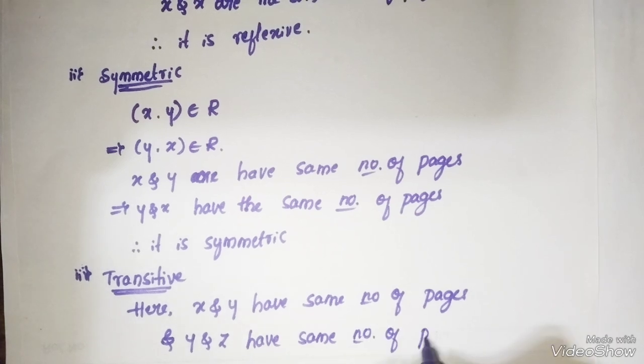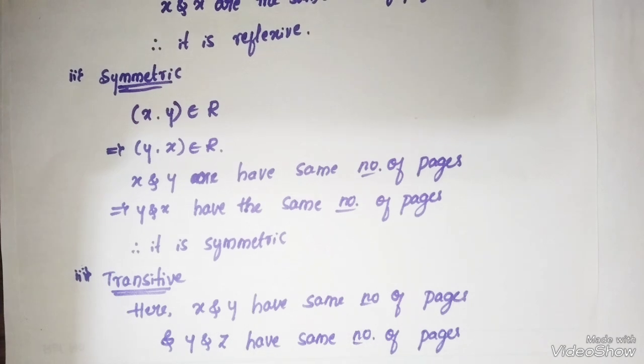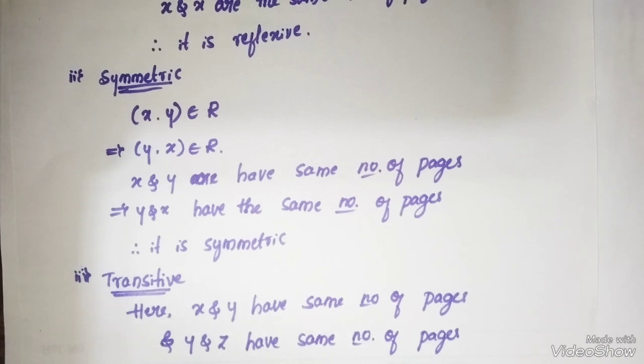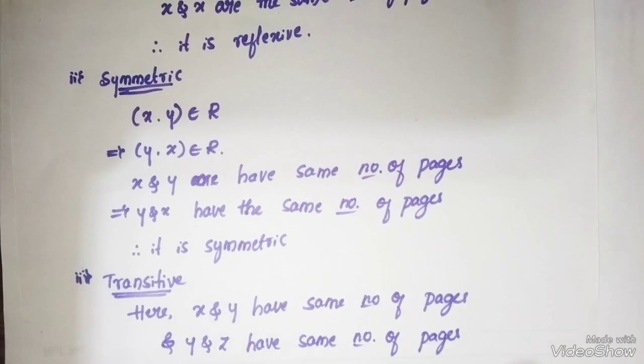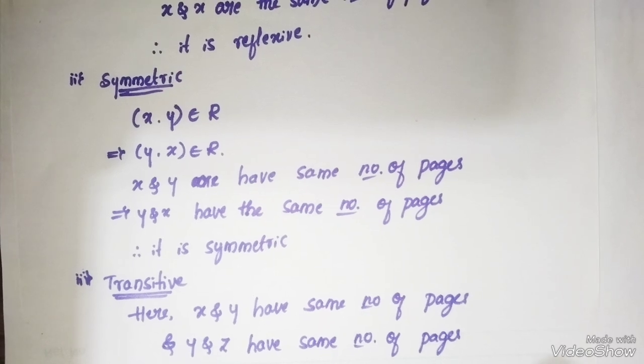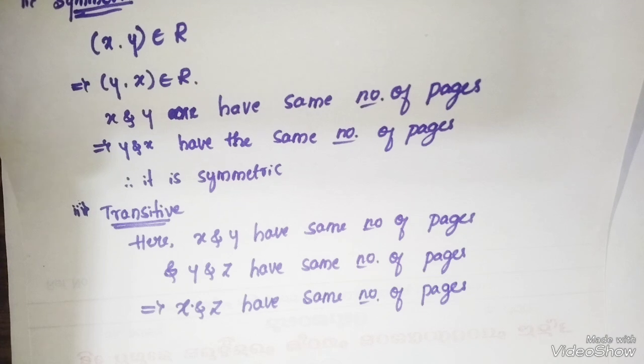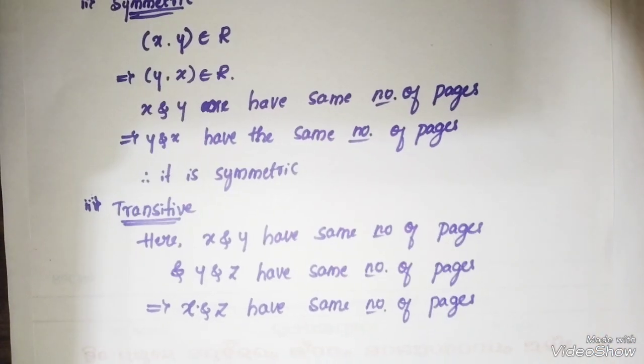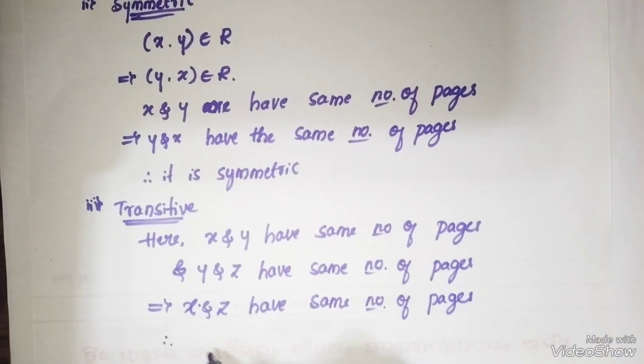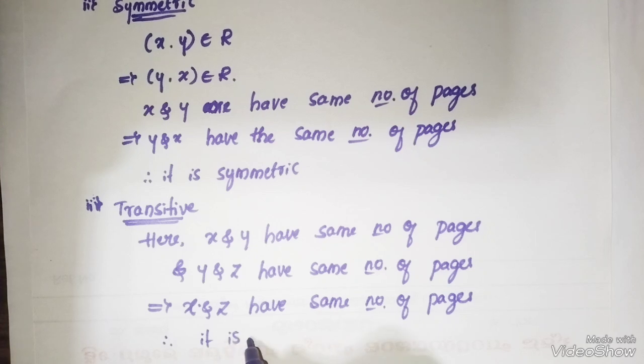That implies the first and third books, that is x and z, have the same number of pages. Therefore, it is transitive.